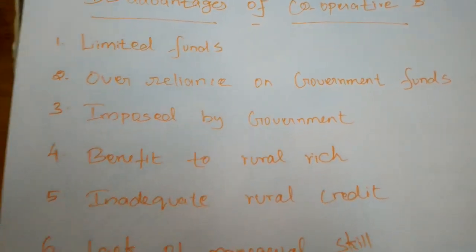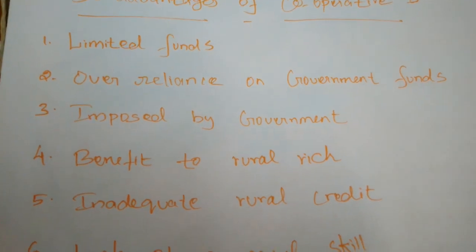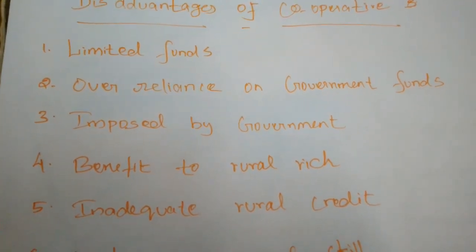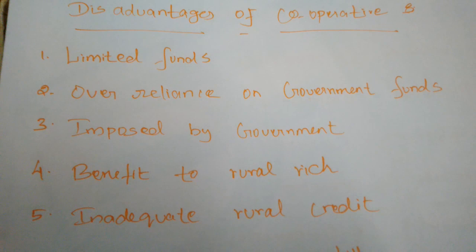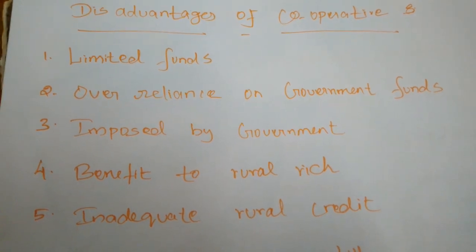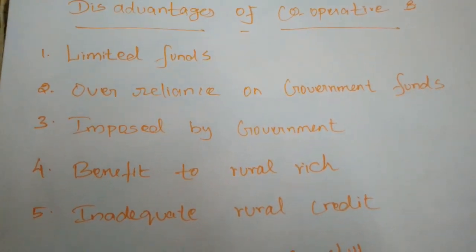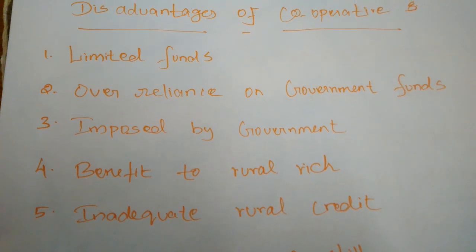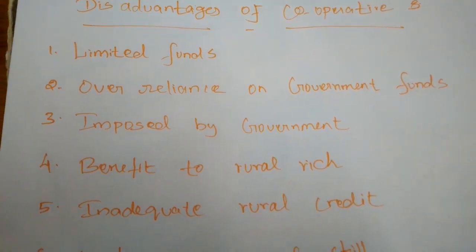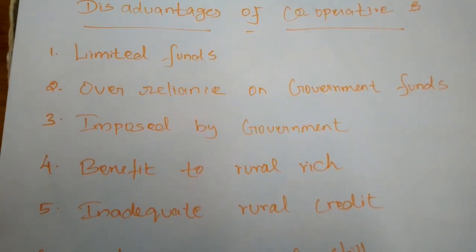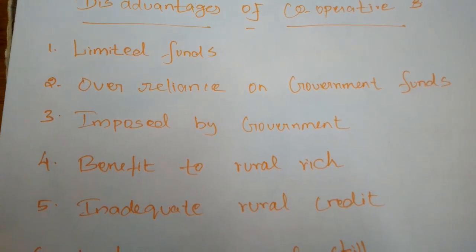So the members will never make more capital. They have the ability to make limited funds only. The membership fee collected is also very low. Therefore the funds available with the cooperatives are very limited.